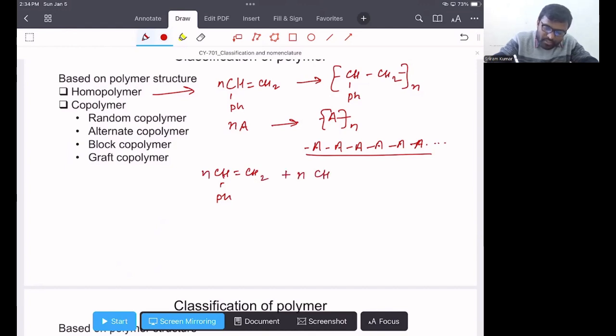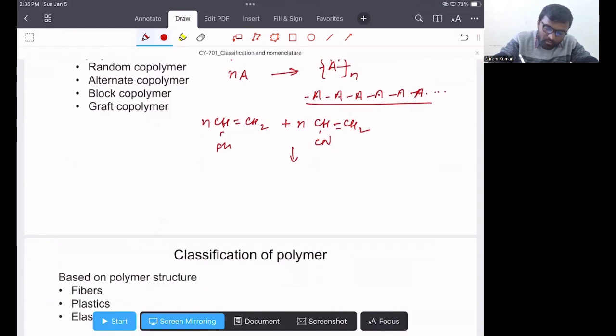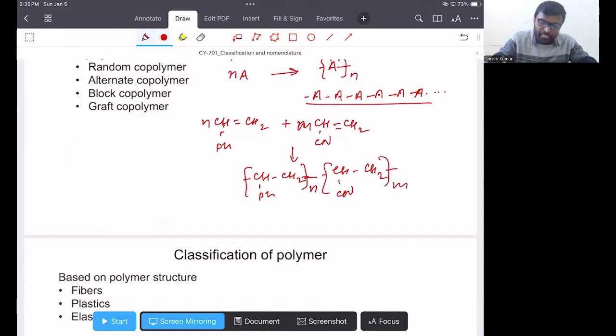And if you have CH, CN, and here CH2, it will form a kind of copolymer. So here we have polymers, this is M and this is N.